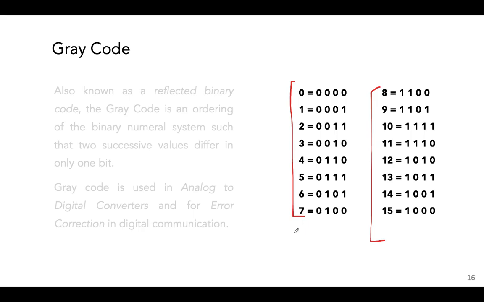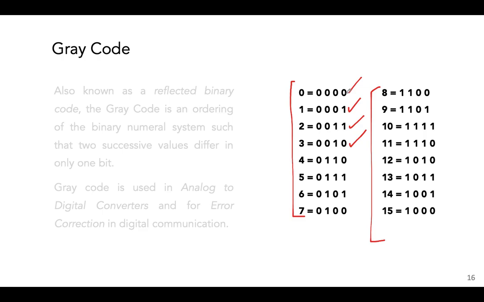Now, if you look at this closely, you know that each of these representations, representation for 0 and 1, and then 1 and 2, and then 2 and 3, and so on, only differ by 1 digit. Only 1 bit changes when we move from 0 to 1, and then from 1 to 2, and then 2 to 3.